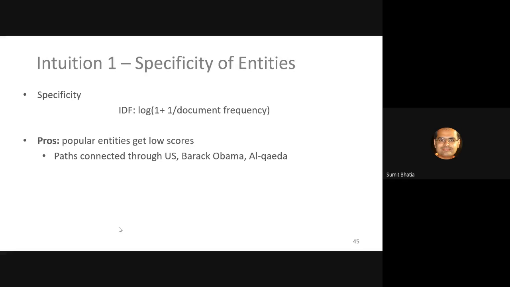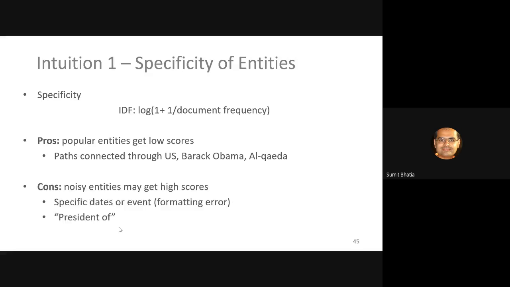So if a given entity is connected to many other entities, we say it's a general entity. When an entity is connected to very few other entities, we say it's a very specific entity. So if we use such a measure, popular entities like US, Barack Obama, all these things, will get lower scores because they are very generic entities. And entities which are very less popular will get a very high score.